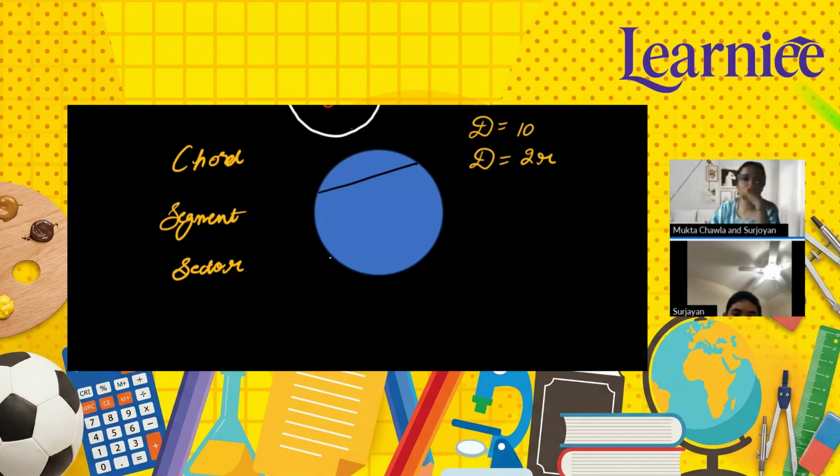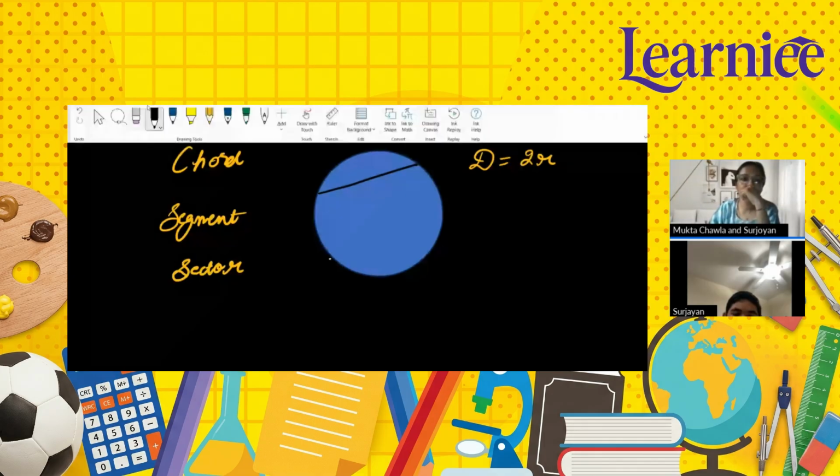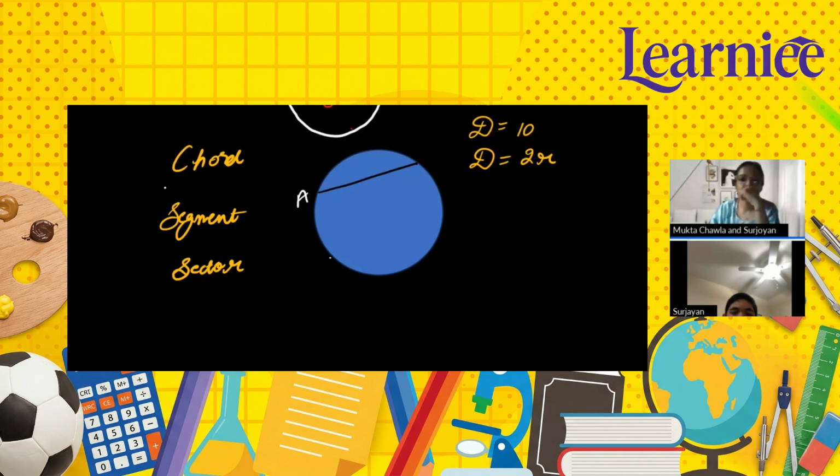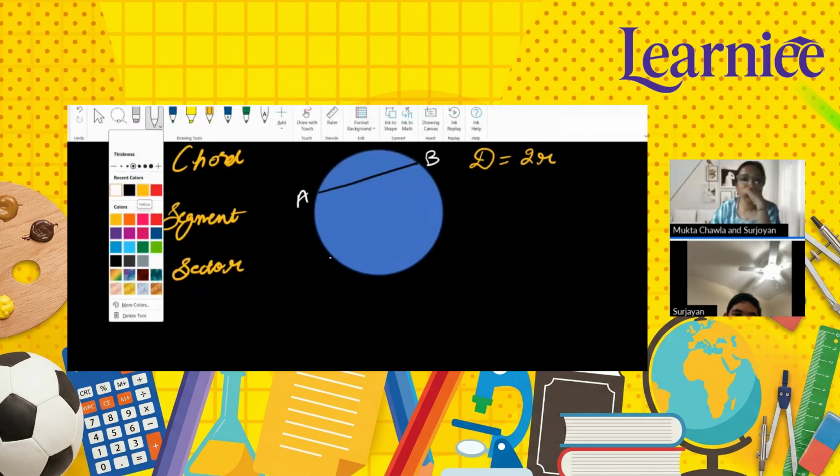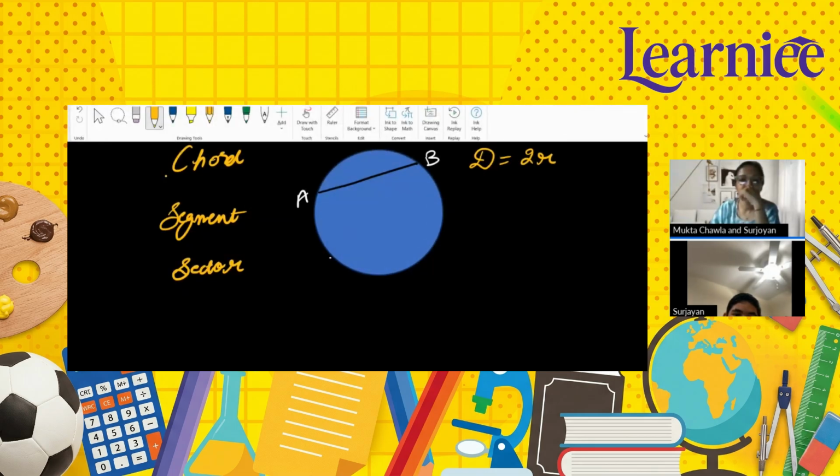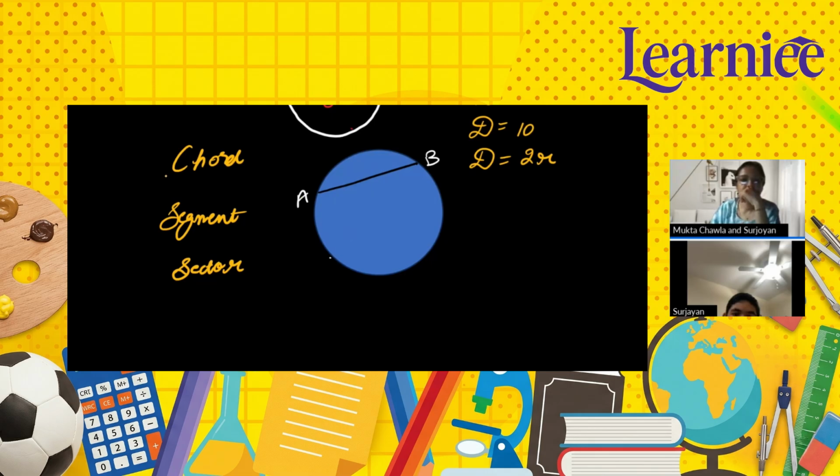And how we can label them? We can call it A and B. Suppose I am labeling it A, and B. Now, from this, as you said, segment is a part. From here, you can easily tell me what is segment. You said this is the chord, right? Yeah. Now, segment.